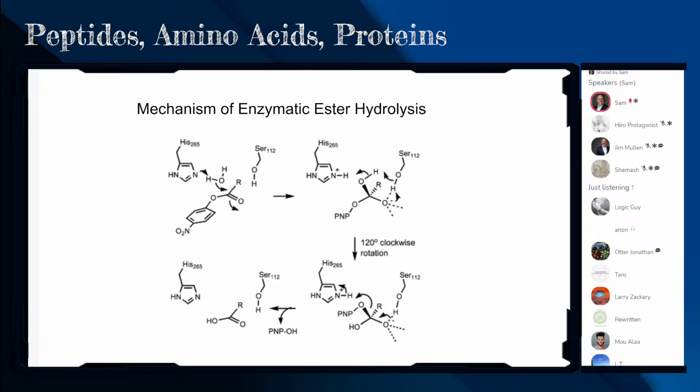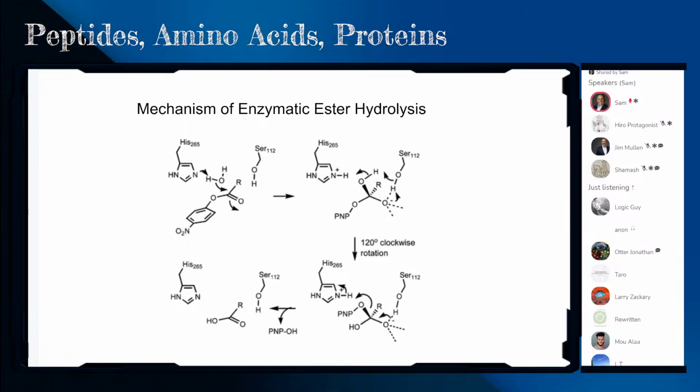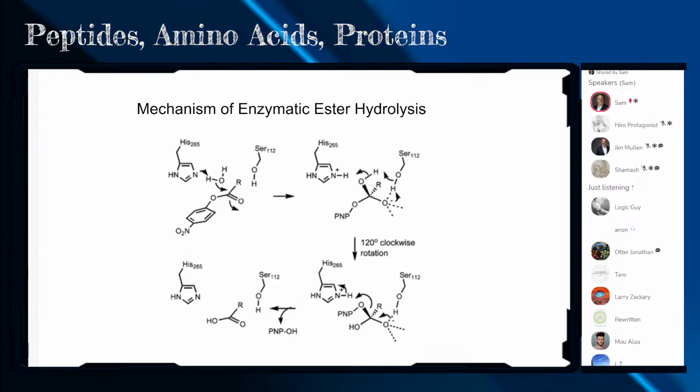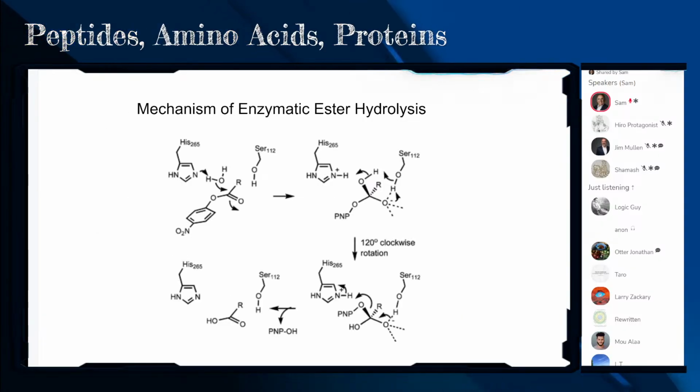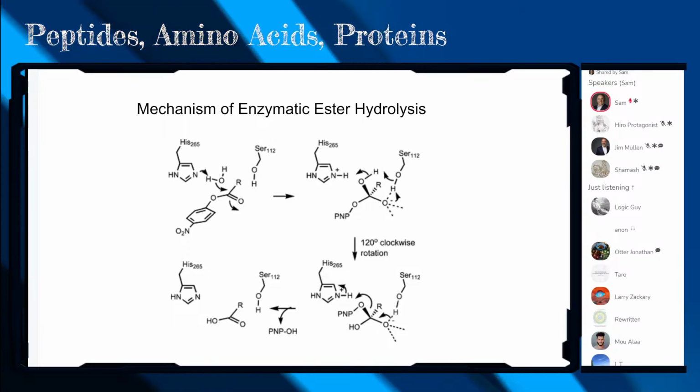Whereas in a regular reaction in a round bottom flask, it's much less than that. And so at the end, histidine 265 went its own merry way, the same way that it was at the beginning. And so does serine 112.